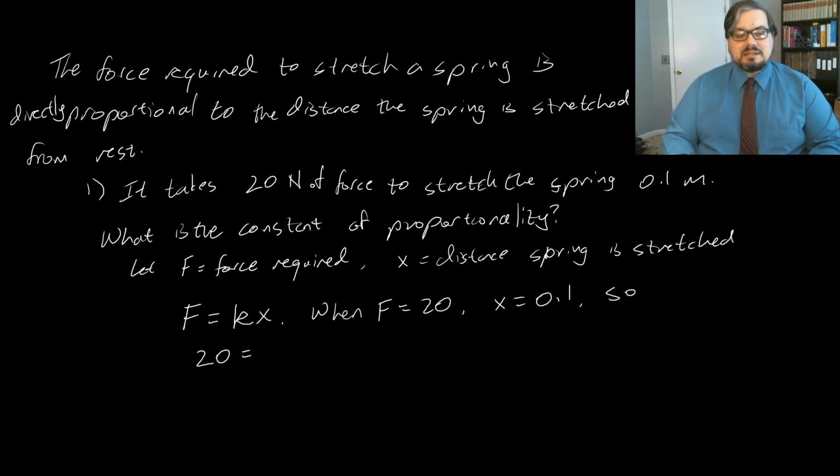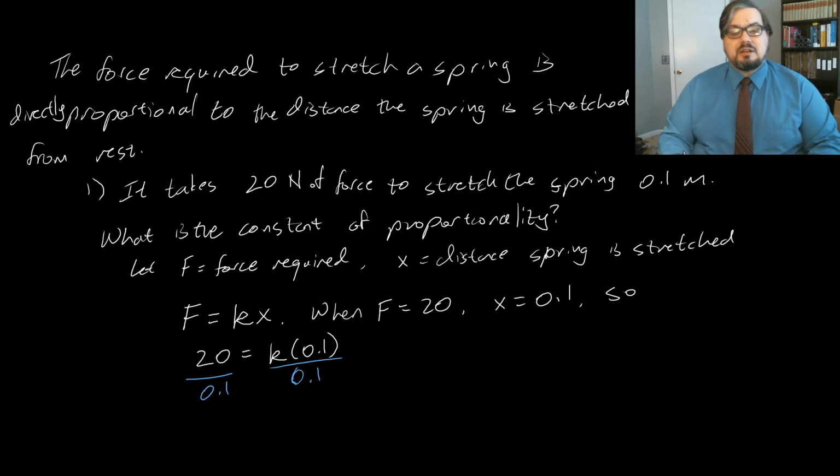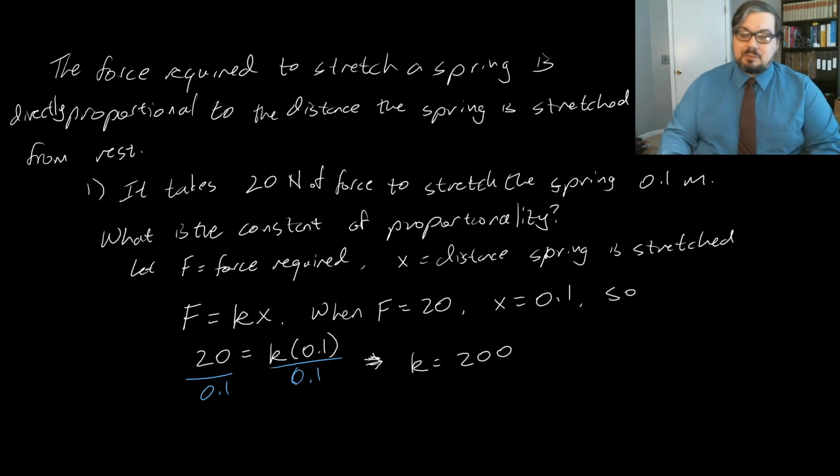We could say 20 is equal to K times 0.1 and solve for K. This is usually the first step in a problem involving direct proportions, is we want to know what the constant of proportionality is, because it's what determines the relationship between these two quantities. So if we divide both sides by 0.1, we get K is equal to 200. So that means that the constant of proportionality is 200 in this problem.